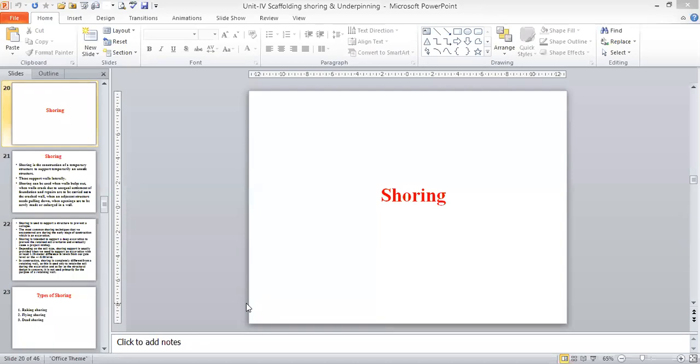It is called single scaffolding because we provide only the vertical support, rigidly fixed at the ground level, and the horizontals are fixed into the permanent masonry structure.